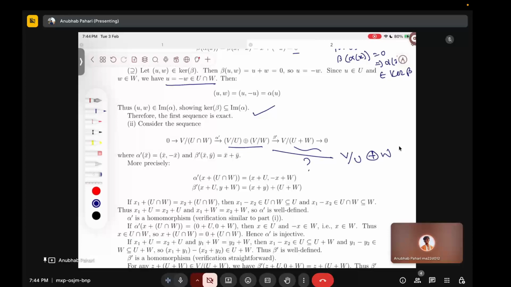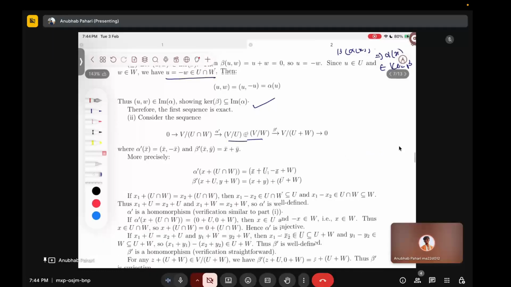Hopefully it will not be an isomorphism. I'm not sure where you are getting this from, but if you can construct and prove it is an isomorphism, I will be happy to learn.